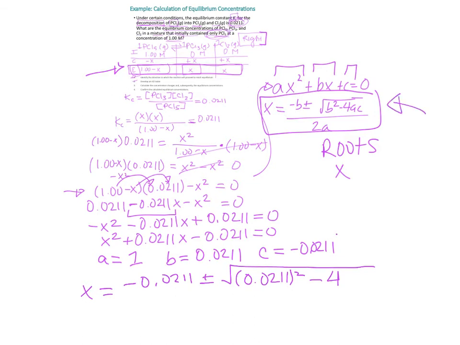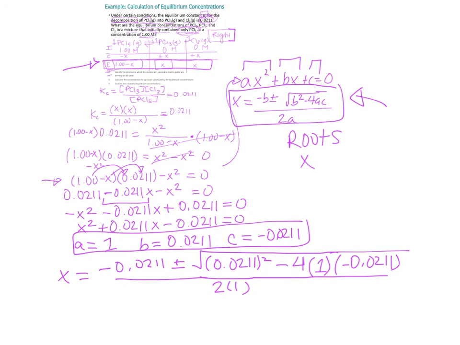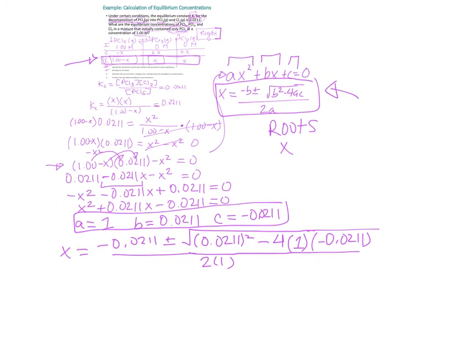I'm just plugging everything in according to what we determined, our A, B, and C. So our A is 1, and then our C is negative 0.0211. And then we're dividing the entire thing by 2a, so 2 times 1. So this is lengthy. You're probably going to have to do it part by part in order to plug into your calculator, and that's okay.